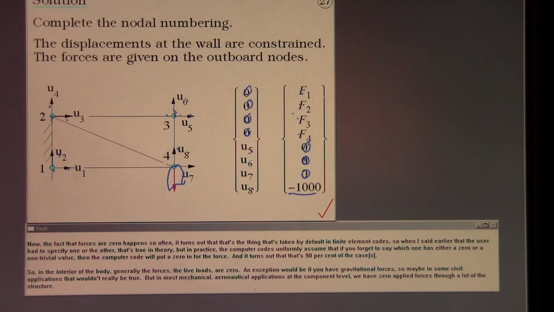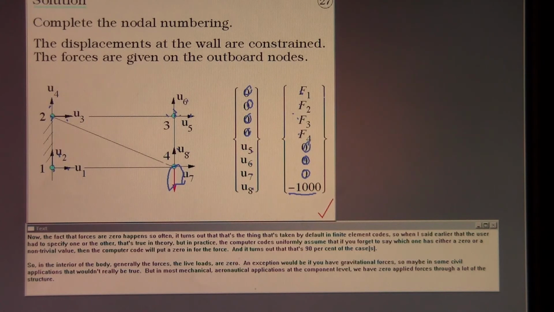So in the interior of the body, generally the live loads are 0. An exception would be if you have gravitational forces, so maybe in some civil applications that wouldn't really be true. But in most mechanical, aeronautical applications at the component level, we have 0 applied forces through a lot of the structure.